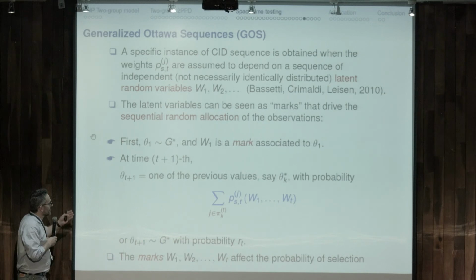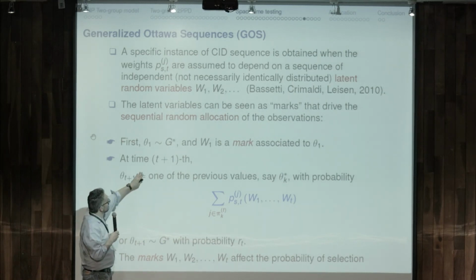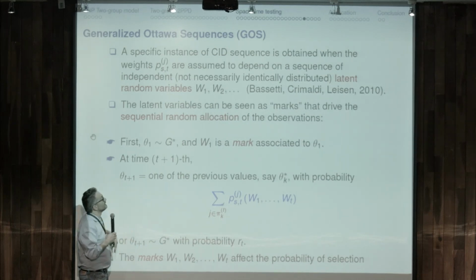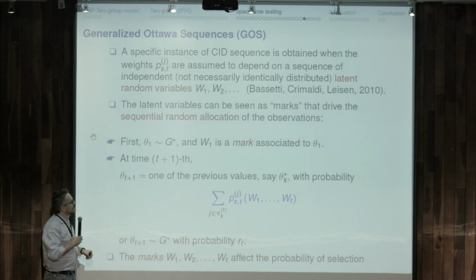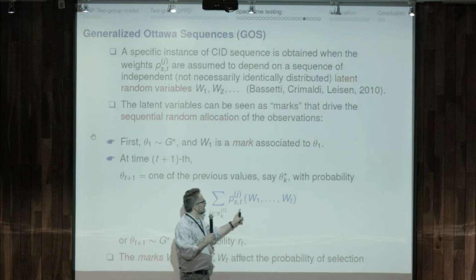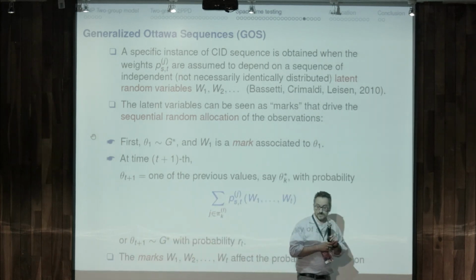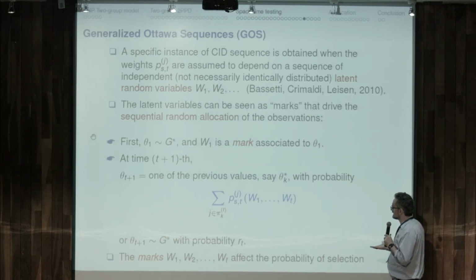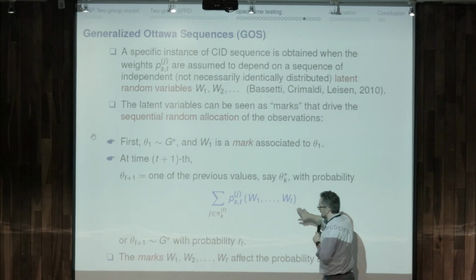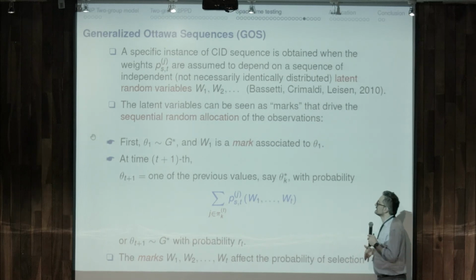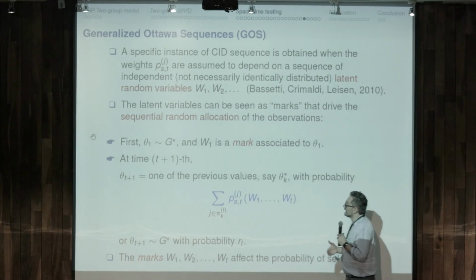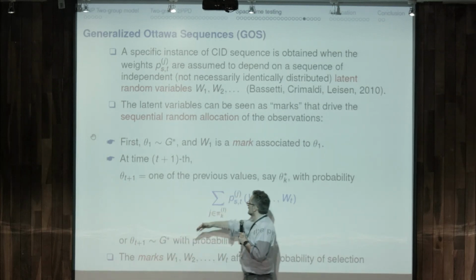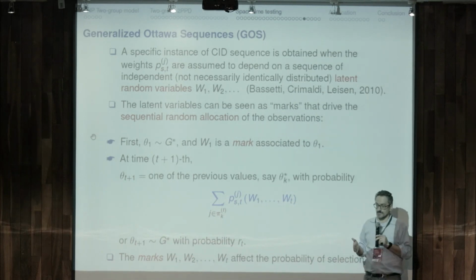In particular, at each time point t plus 1, for example, there is a positive probability, that depends on the previously observed realizations of theta and the corresponding marks, to basically have a tie between theta t plus 1 and one of the previously observed values.